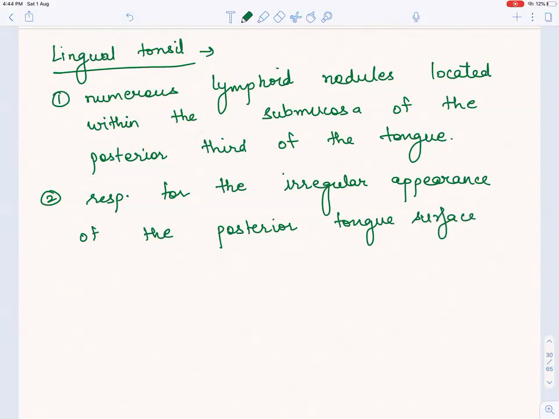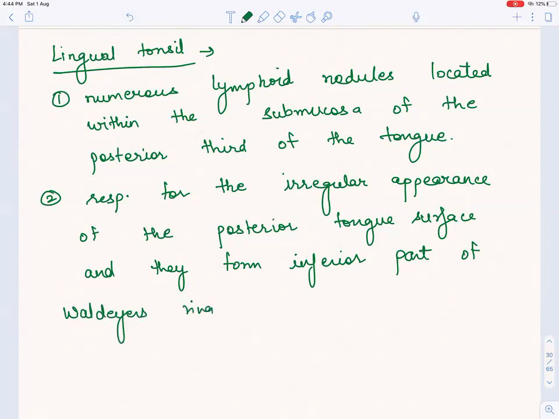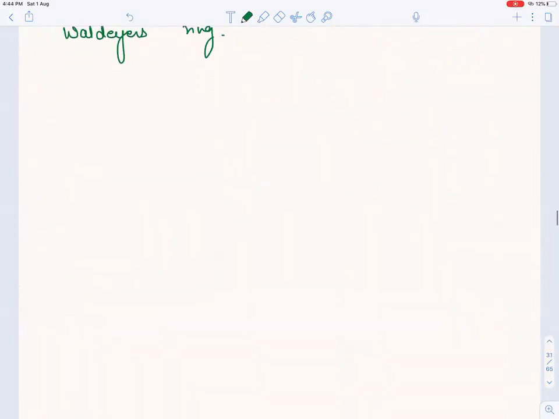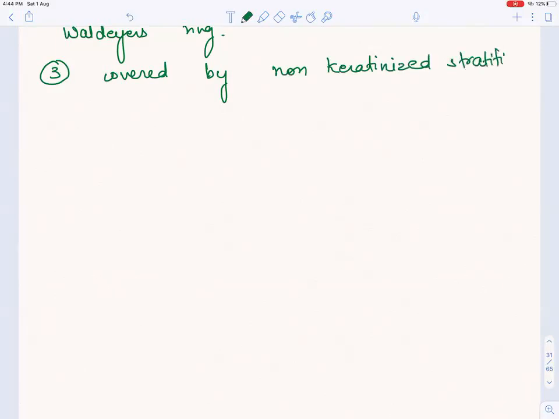And they form the inferior part of the ring, not very difficult points. What I have drawn, I'm just writing them so that you can understand. Now, very important point from exam point of view, they are covered by non-keratinized stratified squamous epithelium.